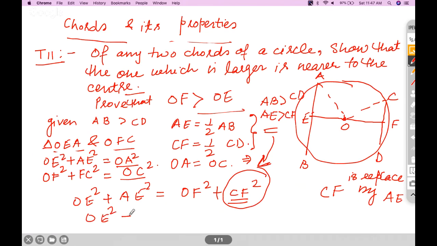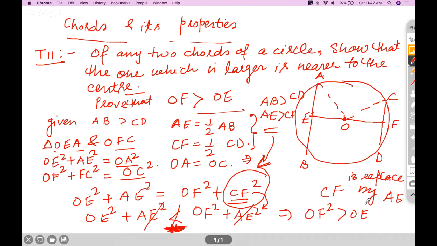So OE square plus AE square here would be lesser than OF square plus AE square. I am putting this greater sign, not an equal sign, because I am replacing CF with AE, and AE is a bigger number. So AE and AE are gone. So OF square is greater than OE square, or OF is greater than OE. This is how you have to prove it. So just write it down, and I will move to theorem 12.